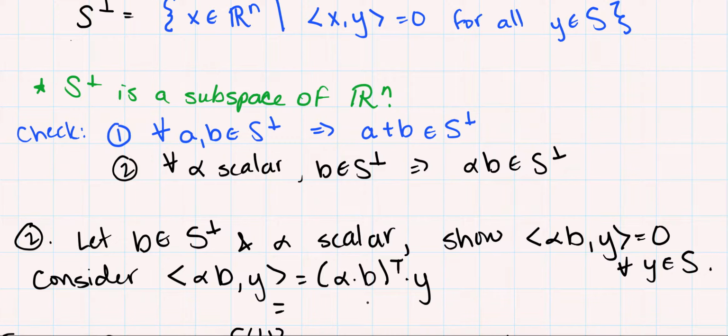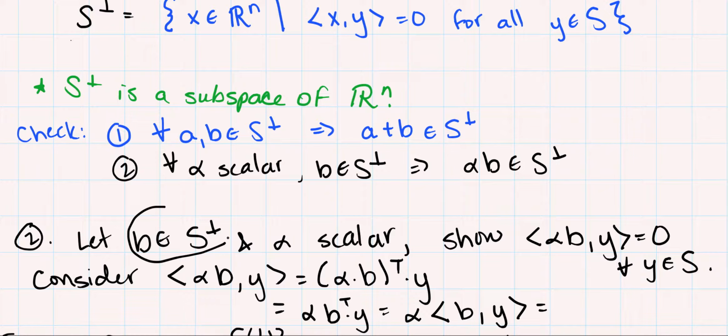And when we take the transpose of a matrix, we can pull out the constant, and this is just alpha times b transpose times y, which is now alpha times the inner product of b with y. But since b belongs to S perp, this is equal to 0.